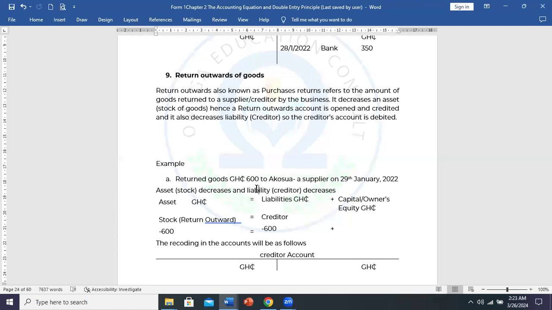Yes, I think return inwards refers to the goods returned to the business entity when customers find that the goods delivered do not meet their expectations. Okay, so Prof. Alexia is bringing in a different dimension from Prof. Richmond.